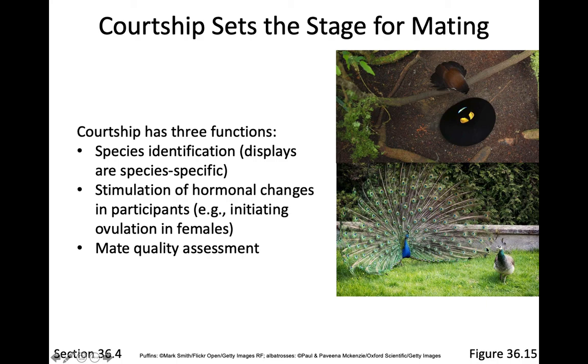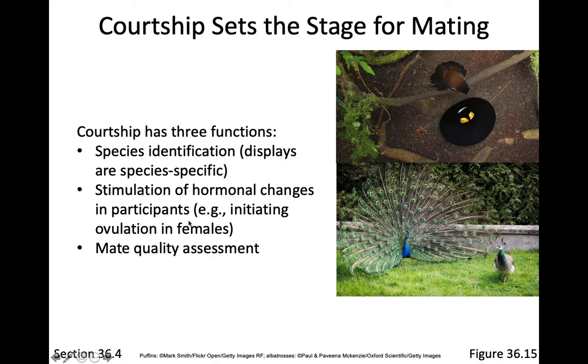So if you can do the same dance, you do the same display, you show off the same way that I do. Most of these things are very highly species specific. You have to do the right dance moves at the right time, or else you are not the same species as me. So courtship displays help prove that you are the same species.